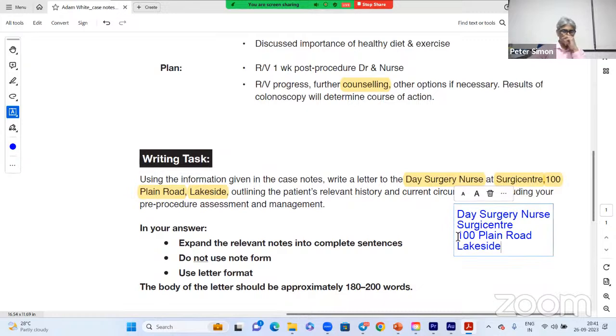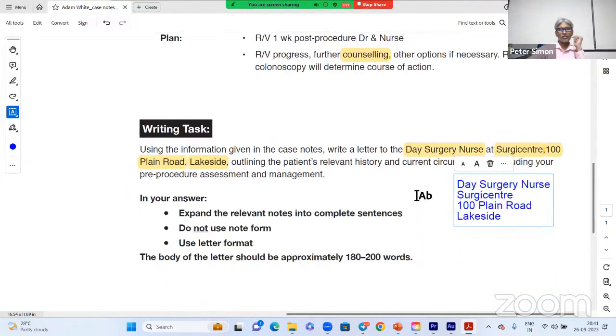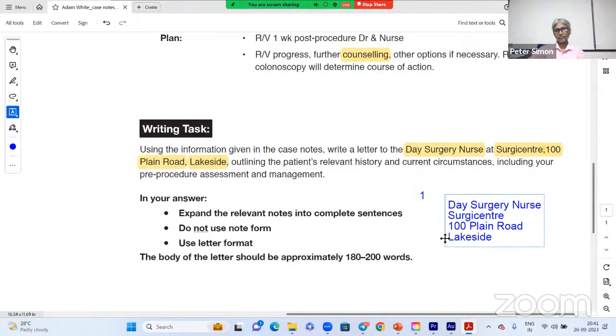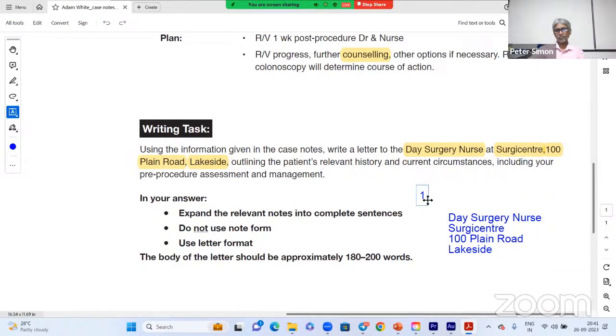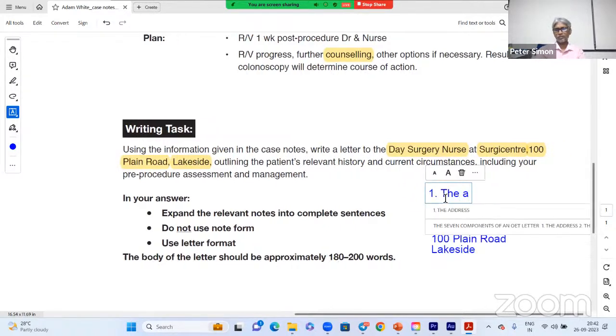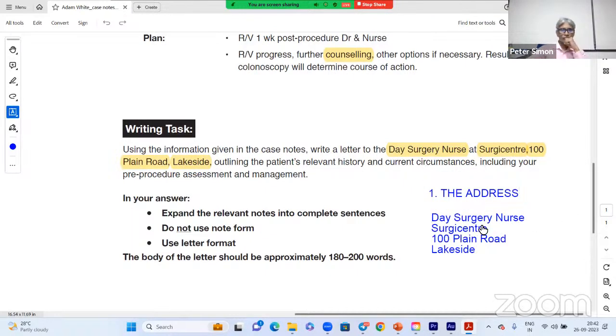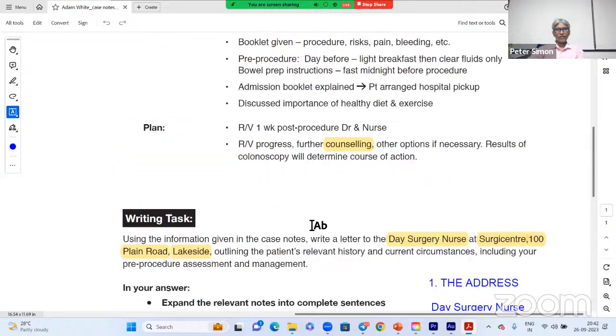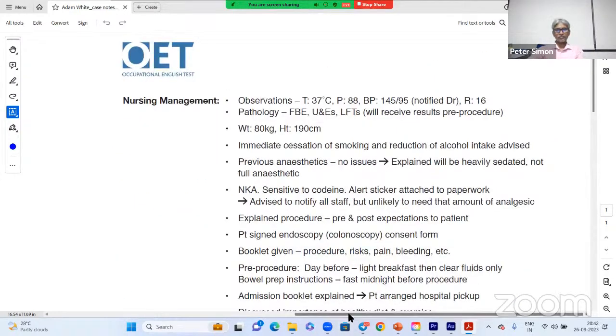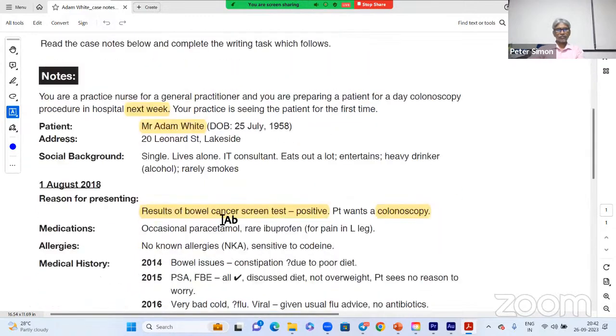So after the address, we'll take the date. This is number 1, the address. Next, the date. Date is here. Number 2.